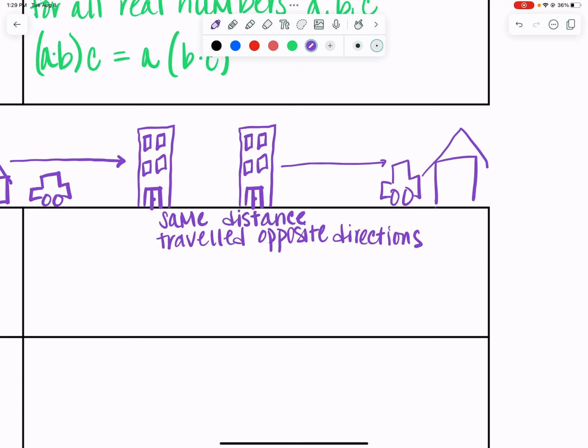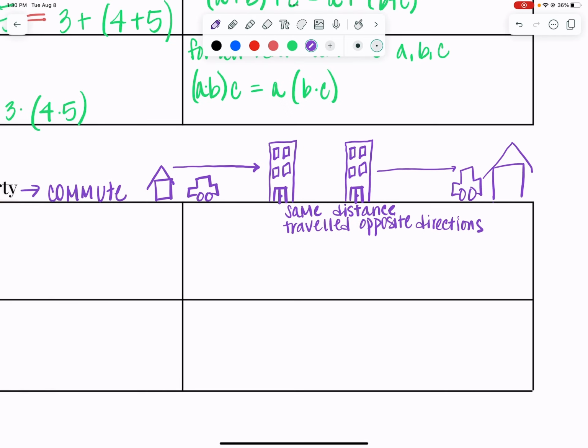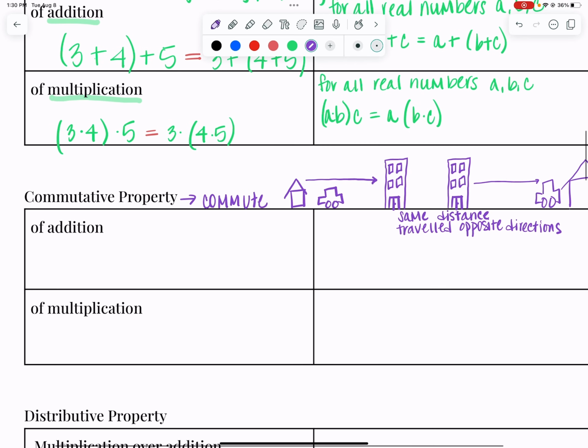Well, Ms. Graham, what the heck does this have to do with math? This is a math class, not a driving class. Bear with me. When we talk about the commutative property, this means our numbers. I'm going to do addition, and stick with 3 and 4.